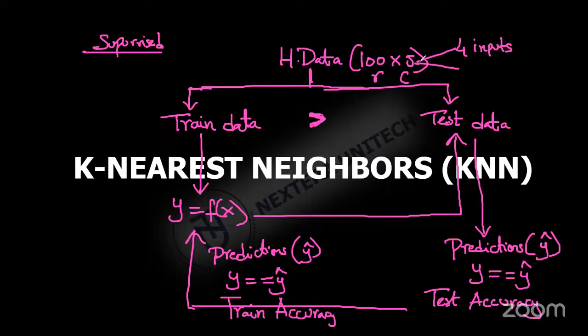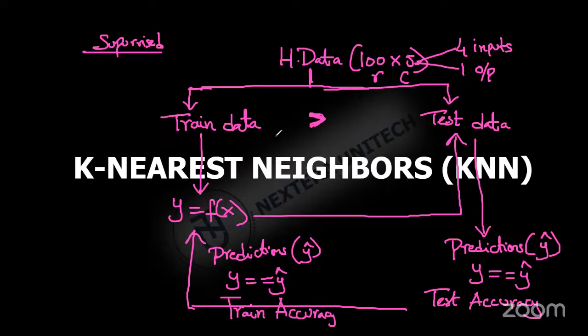So 4 columns will be inputs and 1 column will be output. Taking this 100 by 5, what is the first step? To split the data into 2 parts: train data and test data.